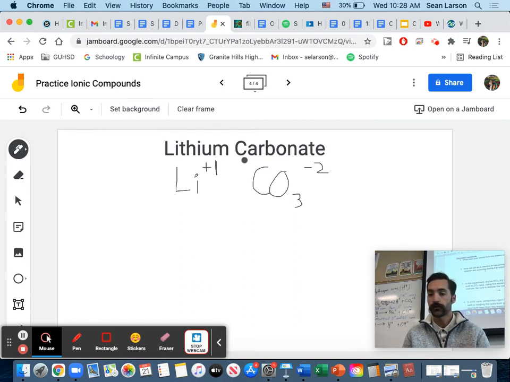Of course, we're going to use the crisscross rule here. So this 1 moves over to the carbonate, and this 2 moves over to the lithium.